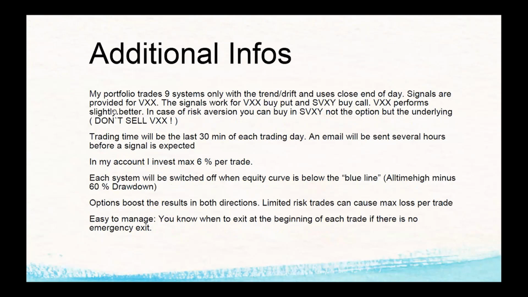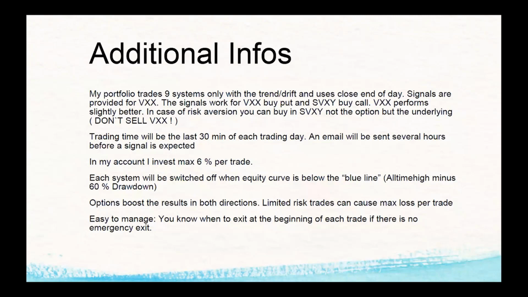In case of risk aversion, you can buy SVXY, not the option but the underlying, or you can buy the XIV, but don't sell VXX. Trading time will be the last 30 minutes of each trading day. An email will be sent several hours before if a signal is expected. In my account, I invest a maximum of 6% per trade.